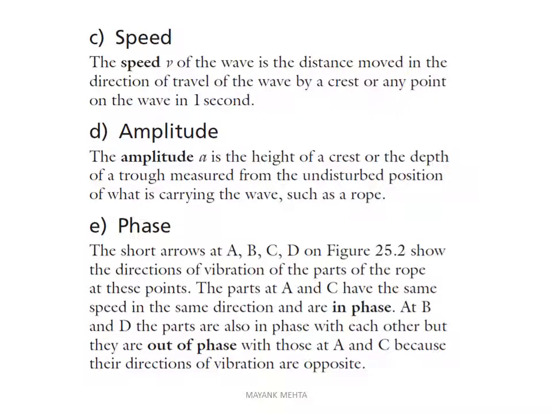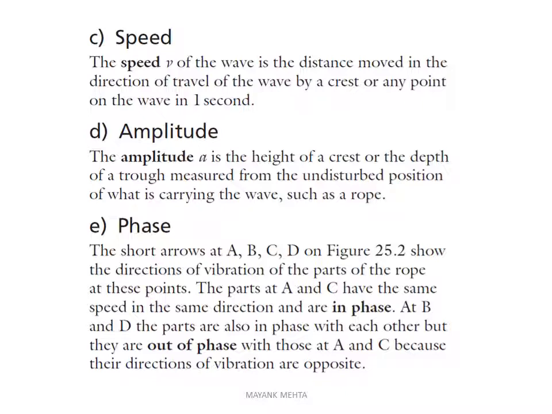Now another point I want to discuss before starting this slide, that is time period. Time period is actually the time required by one complete wave to pass through one point. Okay, one complete wave requires how much time? It can be in second, it can be in millisecond, it can be in microsecond.